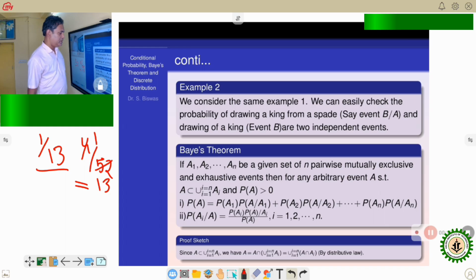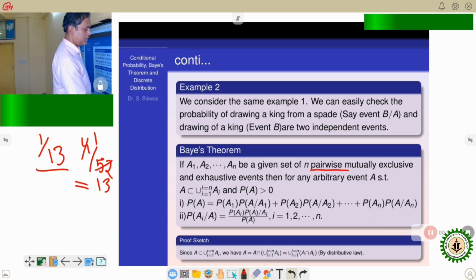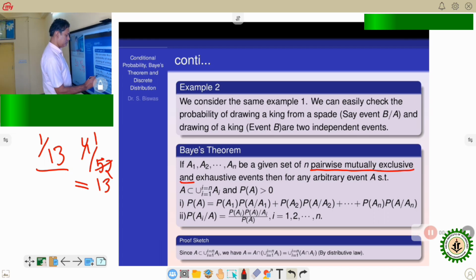If A1 to An are a given set of pairwise, this is very important, pairwise mutually exclusive and exhaustive events, then for any arbitrary event A such that A is a subset of this union and P(A) is greater than 0, probability of A is equal to this.